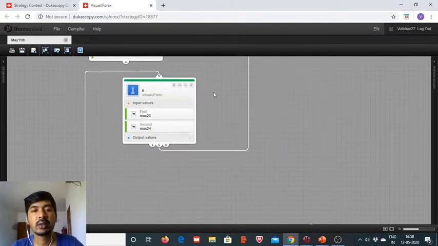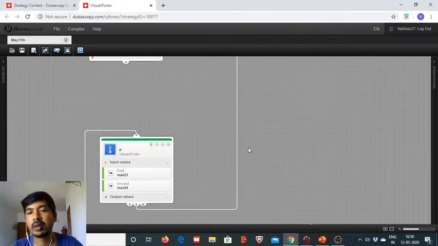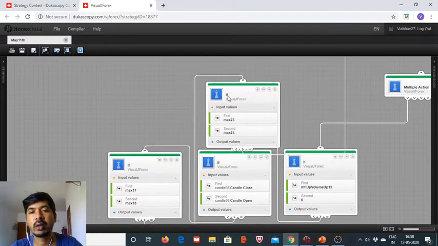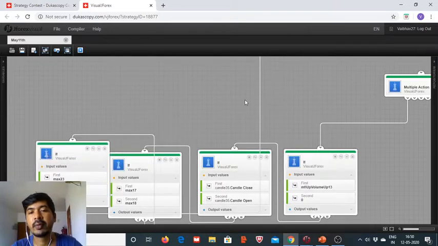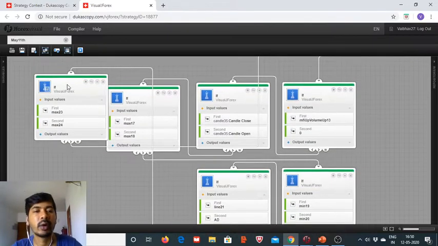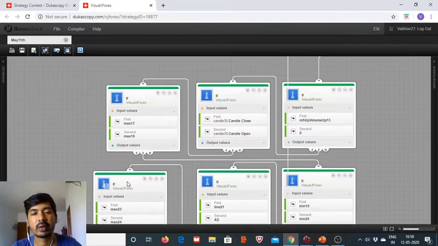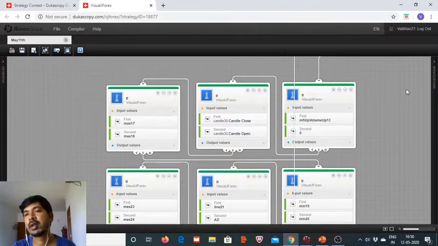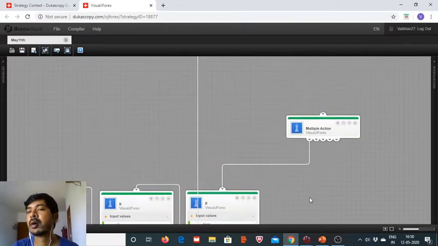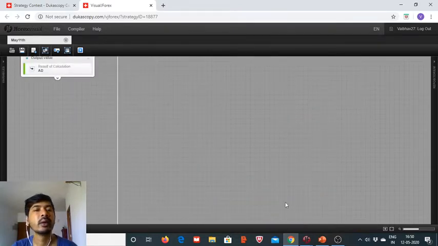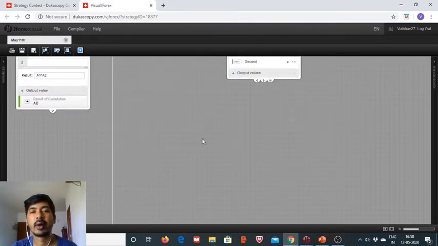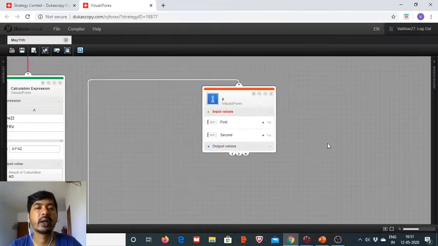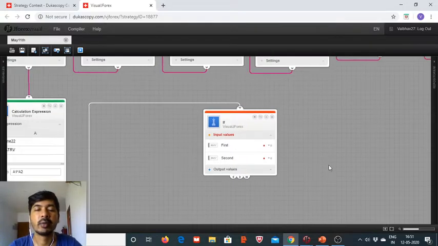Now the question is, as I said, we want the limit order to happen, and for the limit order we are going to need to define price in such a way that our algorithm should not end up confusing it for a stop order, and for that we need to draw a proper demarcation or proper difference between the execution price and the price at which the order would be placed.